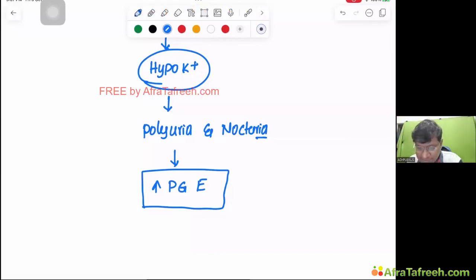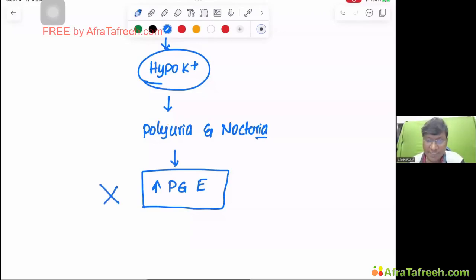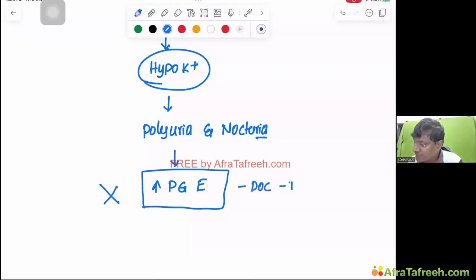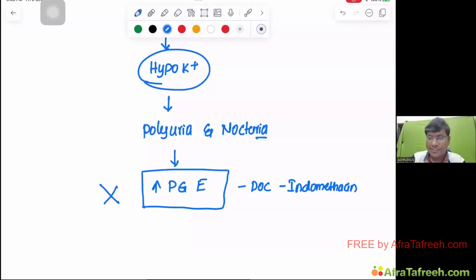So this prostaglandin E2 will cause vasodilatation, and that will decrease the blood pressure of the individual. Okay. So they will cause low blood pressure, right? What exactly is the reason why the prostaglandin E2 levels are elevated is not known, but we don't want this prostaglandin to be elevated. And that is the reason why the drug of choice in patients with Bartter syndrome is indomethacin. Right? Okay.